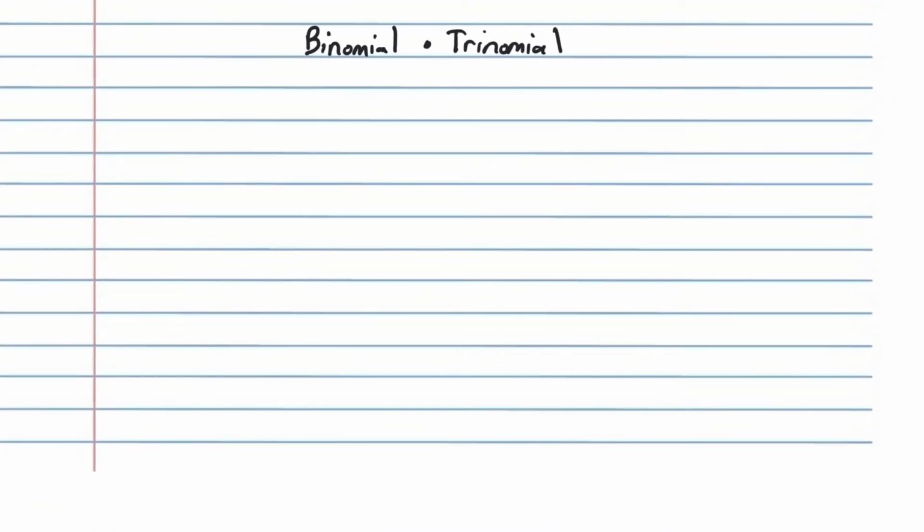So what if it looks like this? x plus 5, that's the binomial, times x squared minus 3x minus 2. So it's a 2-term polynomial times a 3-term polynomial.